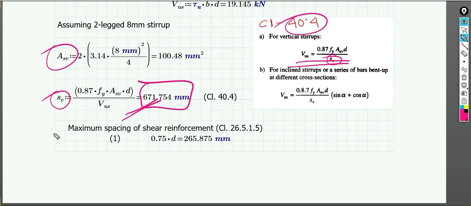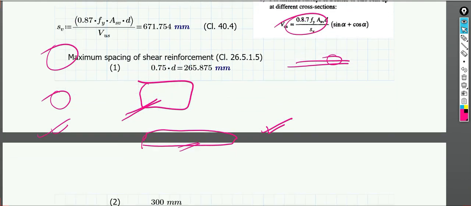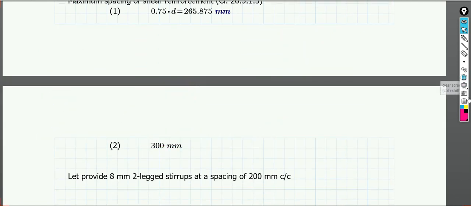Then you have to find the maximum spacing of the shear reinforcement that is permissible as per IS 456 clause 26.5.1.5. I think you remember that it should be 0.75d or never more than 300 mm. So 0.75d is 265 mm, and the other is 300 mm. Whichever is minimum, that you have to provide.